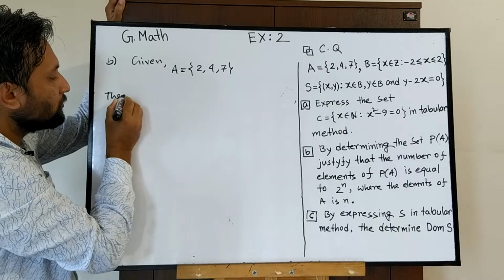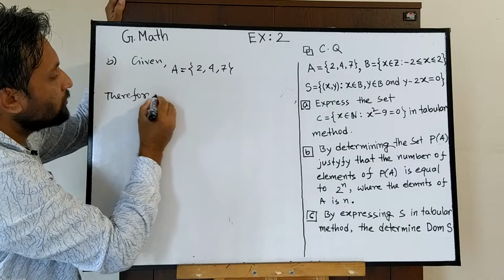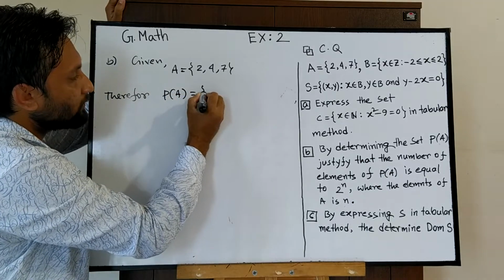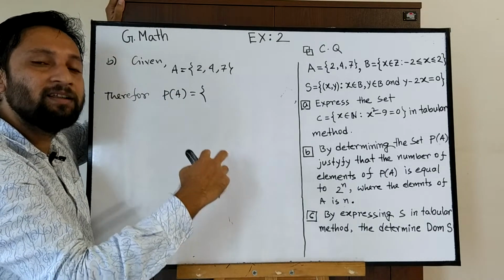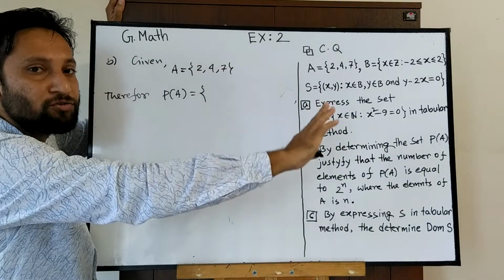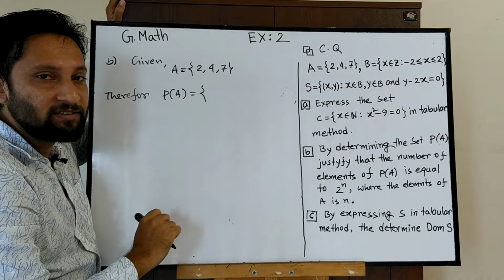Therefore P of A equals: at first the single elements, then double elements, then triple elements, and then the last one, the empty set.